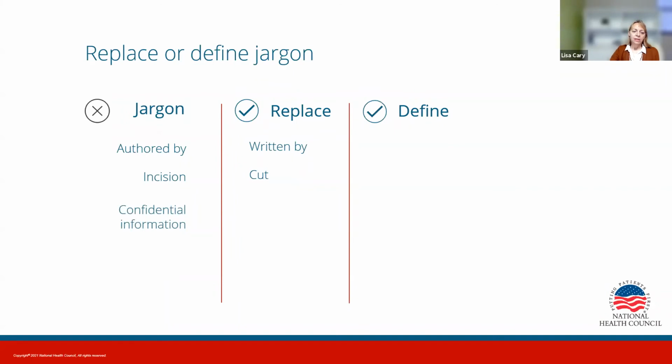Okay. Here's an example we lifted from the template for agreements that we reviewed for NHC, confidential information. And in that context, people would need to know what that means.